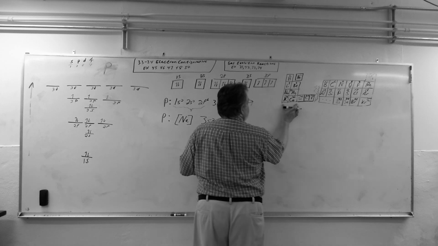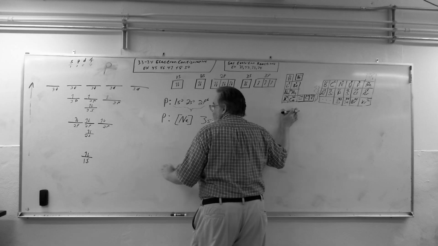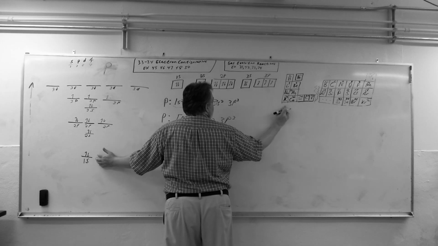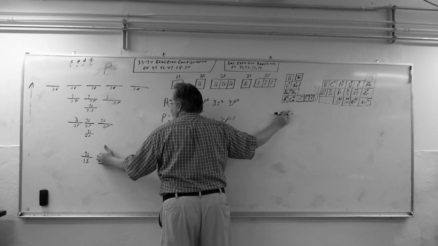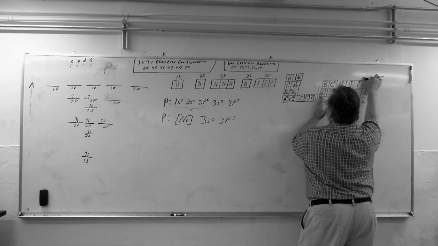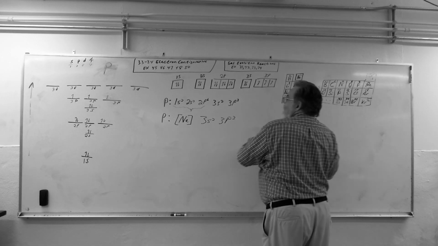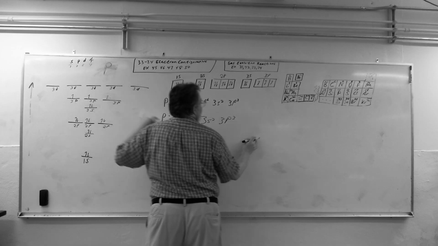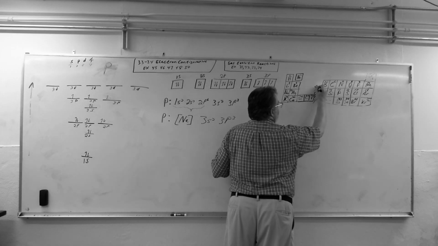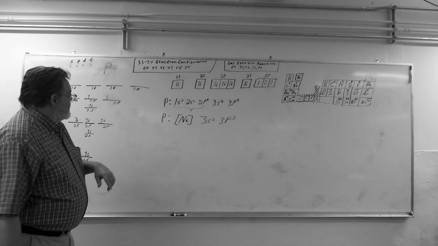We call these 2 columns the S block, because in that, it was either 1 or 2 electrons in the S. We call this section over here the P block, although helium really belongs over here in the S block. When we get to these, that's when we start the transition metals. This is the beginning of the transition metals, and that's as much of the periodic table as I'll draw. So let me show you what happens if you build your way up there.